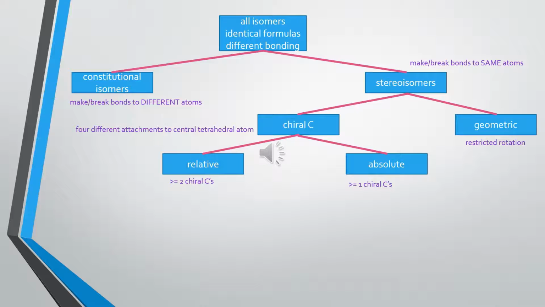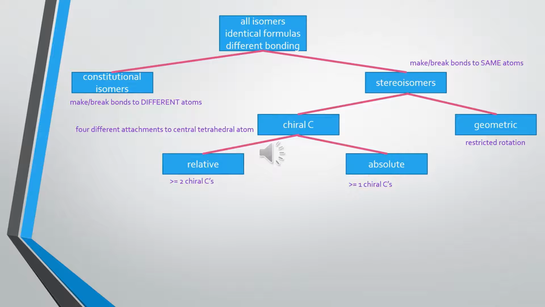Chiral carbon is, I have to admit, a favorite topic of mine, but I'm just going to say that it is one of the most important and interesting topics in all of science. And it involves a very special circumstance when four different attachments are bonded to the same central tetrahedral atom, and it's generally carbon, but it can be other atoms like phosphorus or sulfur or silicon.